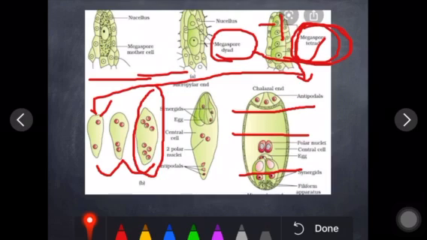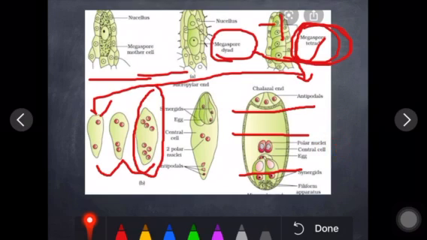The first three cells, lying at the chalazal end, are called what? Antipodal cells. There are 3 cells. In between, 2 cells are there. They are the polar nuclei, or we can call them central cells as well.